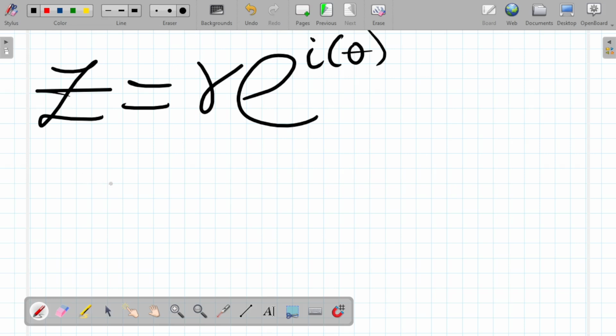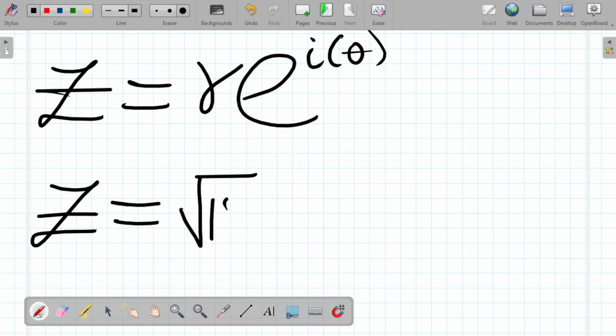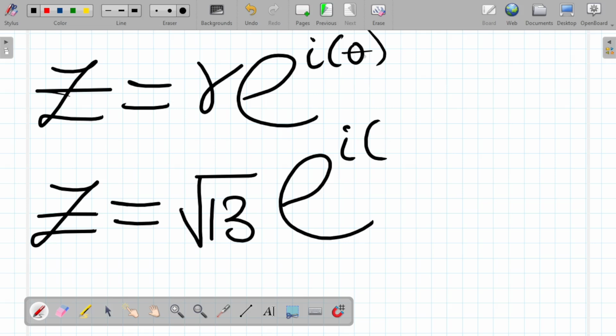So if we substitute the calculated values, we will have z is equal to r, which is the modulus of a complex number, is the square root of 13, and then exponential i multiplied by theta, which gave us 33.82 degrees.